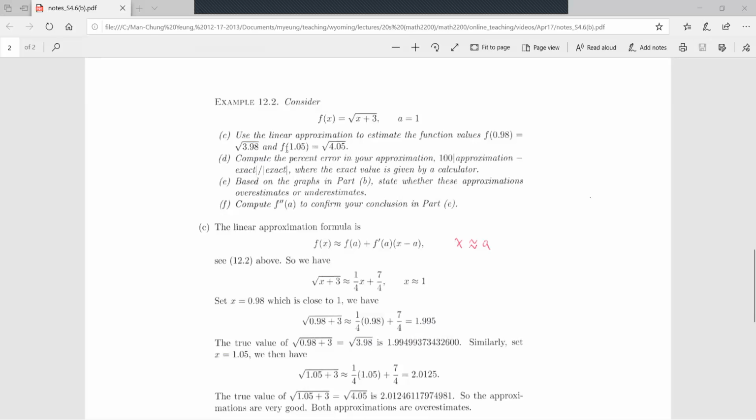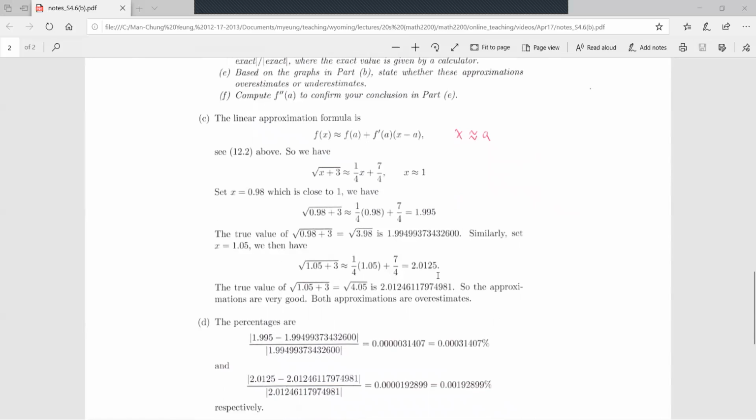Similarly, to find an approximation to the function value at 1.05, we set x to 1.05, then plug in 1.05 in x here. Then we get this approximation. By calculator, this sum is this number.